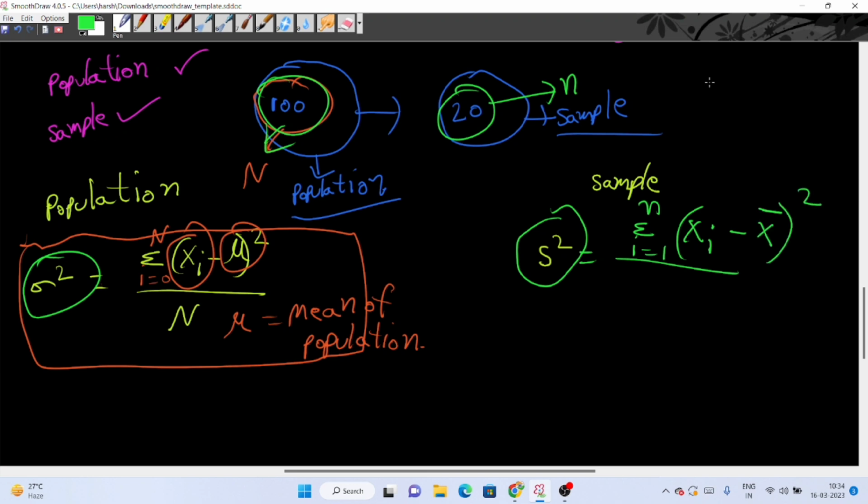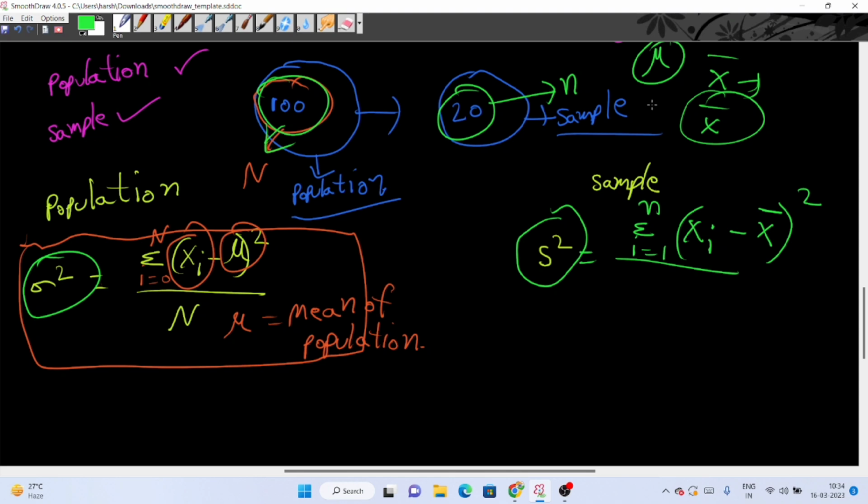Why are we using X bar? For population mean we use mu, as we already know. But for sample, while calculating the mean, we denote it by X bar. So that's why we are going to use X bar here.